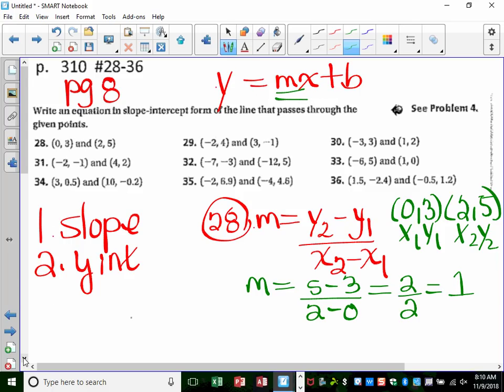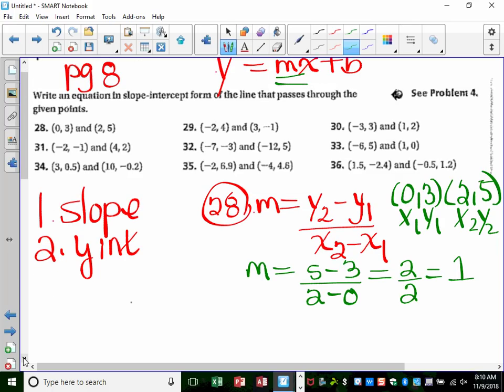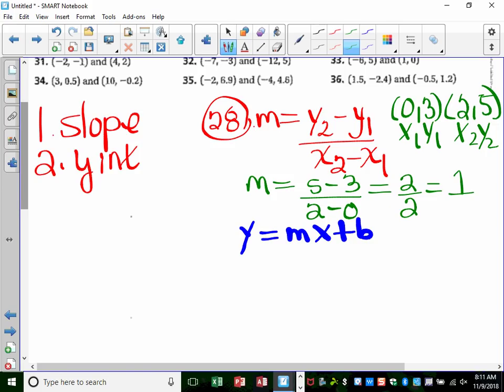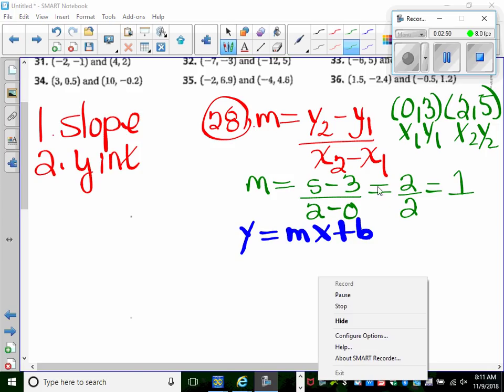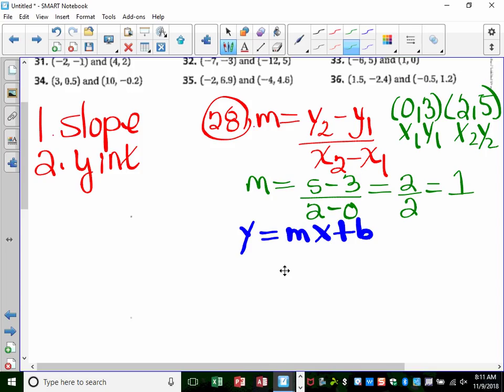So let's do that. We're going to write down the slope-intercept form, y equals mx plus b. And now we are going to put in all the numbers except for b and solve for b. Now you might ask, which number should I use for my x and y?